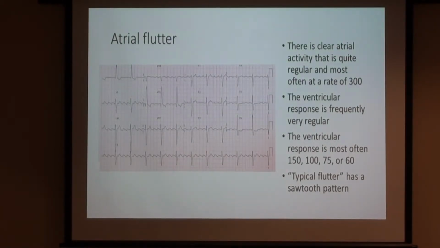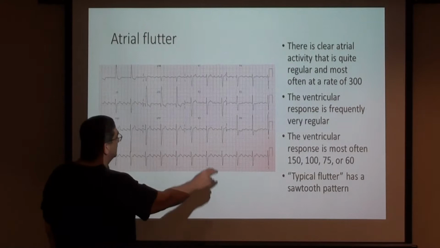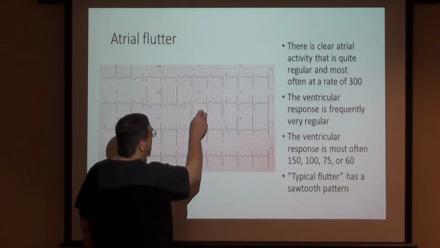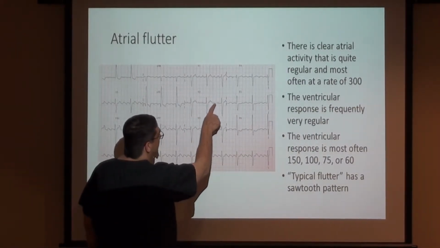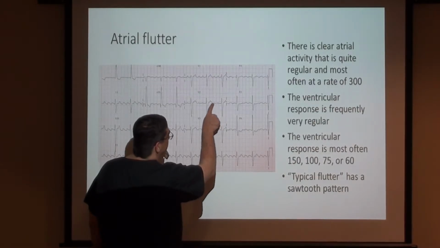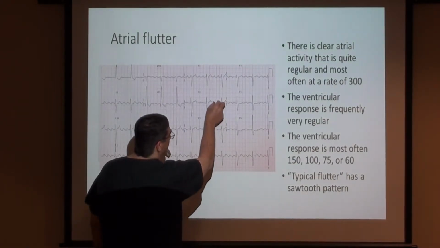The characteristic of atrial flutter is you can look at the peak to peak between the flutter waves or the valley to valley, it doesn't make any difference. The rate is almost always going to be exactly 300 beats a minute, which is one big box. So here's a couple of flutter waves. If you measure the distance between here and here, it's going to be one big box.